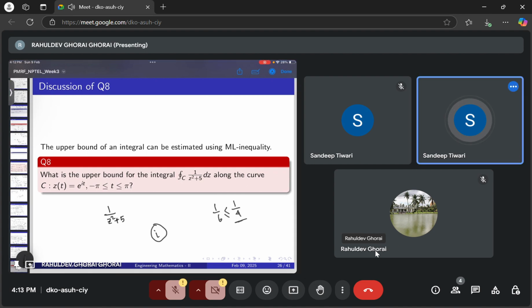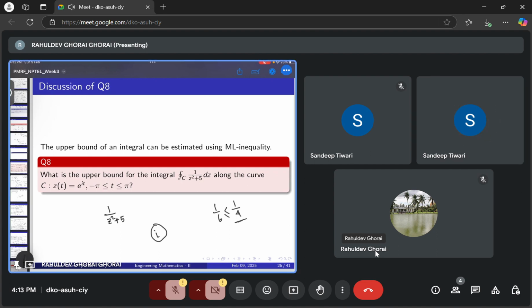Sir, no idea, sir. Okay, so what we do is, f(z) means 1 over z square plus 5, right? I mean, for the modulus of f(z), you have to find out whether that is less than or equal to something, right?